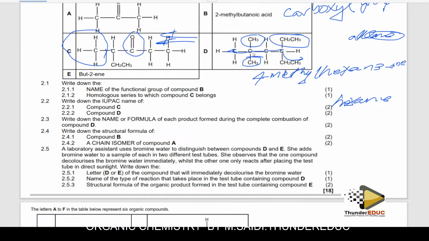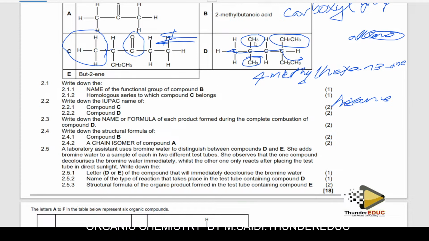The second side group is also on carbon atom number 2. The third one is on carbon atom number 4. But if I come from this side, it is on carbon atom number 3. So I take the shortest, which is 1, 2.